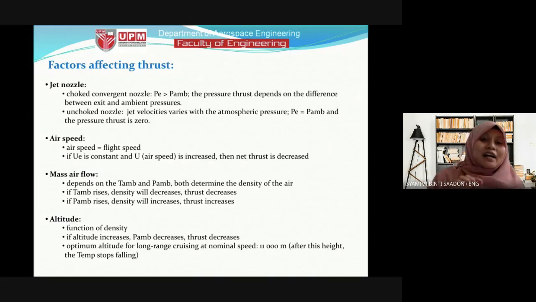However, this holds only up to one point, which is at the throat. We call it the choke point, the throat point, or the critical point, C, with pressure PC and velocity VC. At this critical point, even if we keep lowering the back pressure, the mass flow rate will not increase anymore.